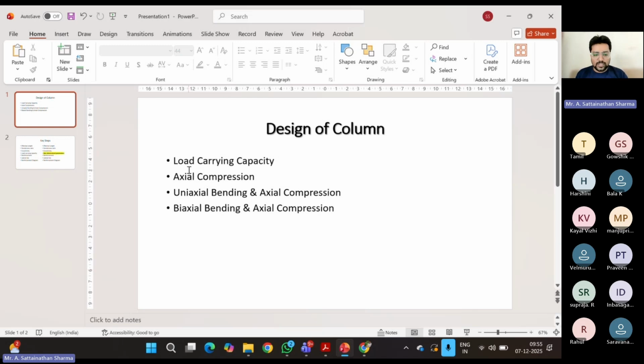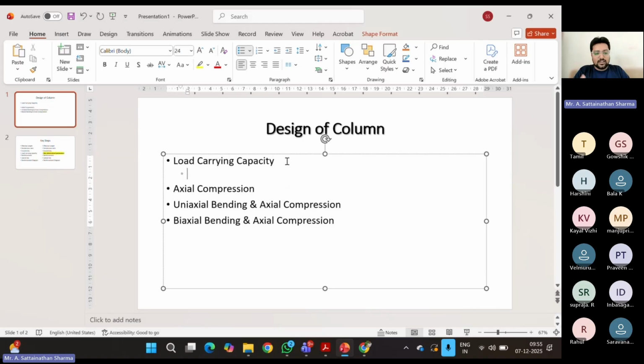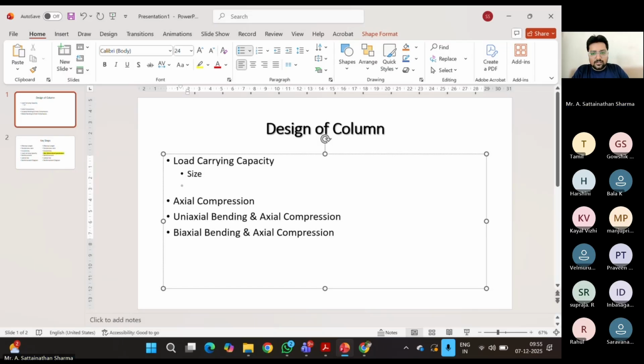One is load carrying capacity. You have to find out the column load carrying capacity, how much load the column can carry. When I say how much the column can carry, you can assume what will be the given data. Size of the column will be given. Then what will be given? Load, they have given. If I'm asking you how much weight you can carry, what will you ask?